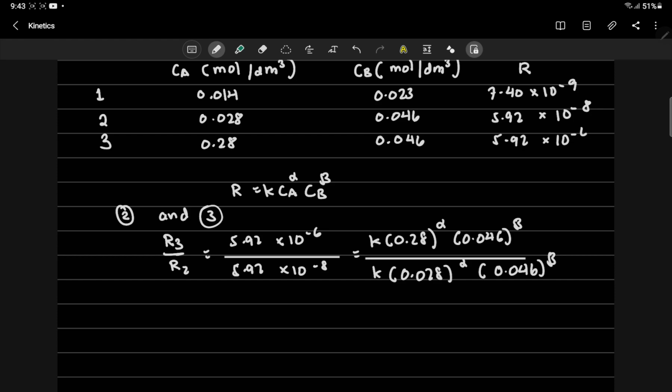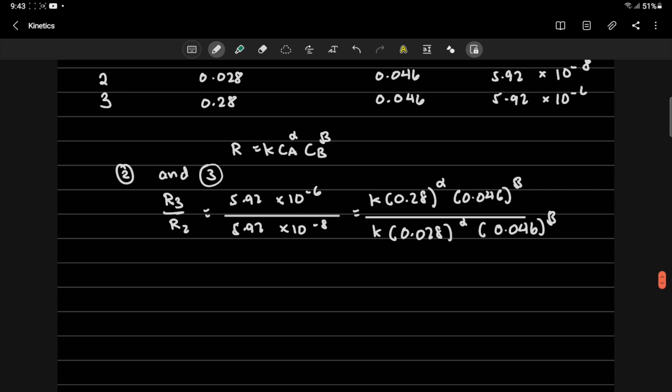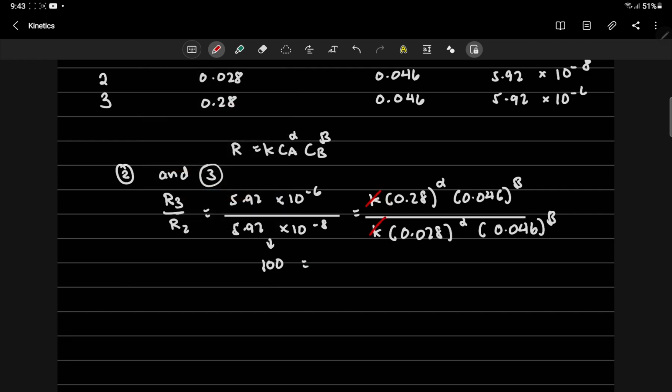Now, what will happen here is we can reduce this working equation. First, let's divide the left-hand side. So we have here 100 equals, now we can actually cancel K as it appears both in the numerator and the denominator. And we can also have these terms vanish.